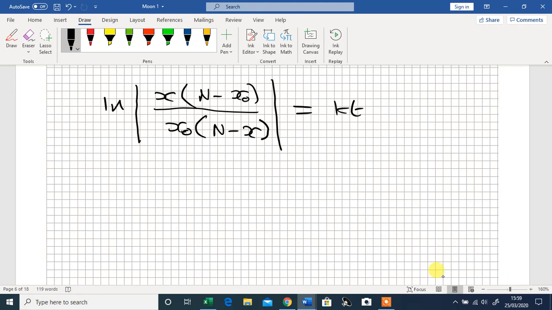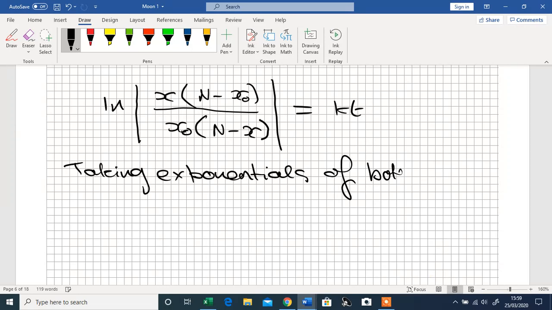So, taking exponentials of both sides, we get, well, you just get x times n minus x sub 0 here.